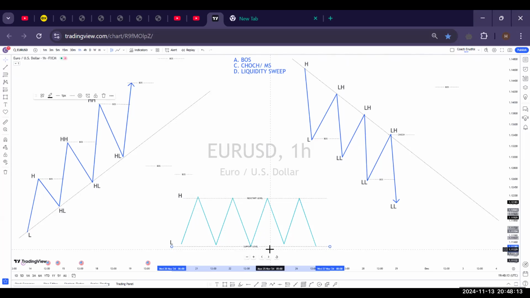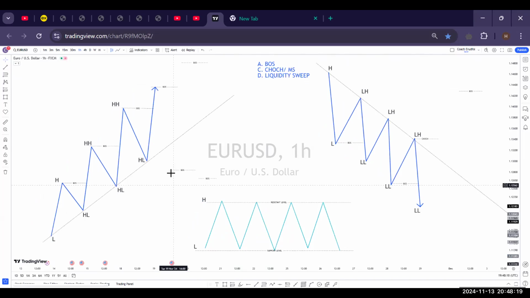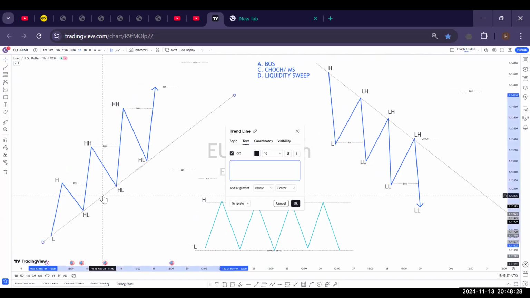Yes, sir. Now, for an upward trend, how do you identify your level of support? For an upward direction, if price is respecting the trend line below, it is seen as a support level.